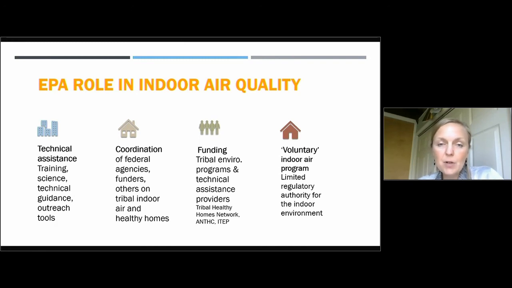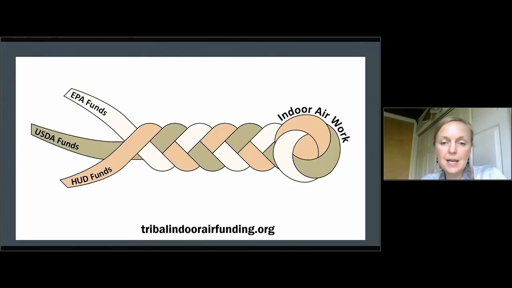And of course, a number of you, probably most of you in the environmental programs are receiving an EPA grant either through GAP or Clean Air Act funds or otherwise. And so although we're not a housing agency, we do have a role in providing some support on indoor air through technical assistance, coordinating different agencies and funders, and pulling together technical assistance providers, including funding some of them, like Gillian's group at Tribal Healthy Homes Network and others you're probably familiar with, Alaska Native Tribal Health Consortium and ITEP.